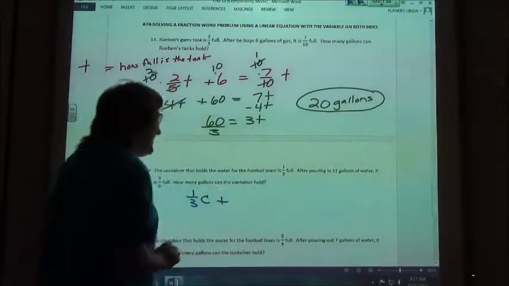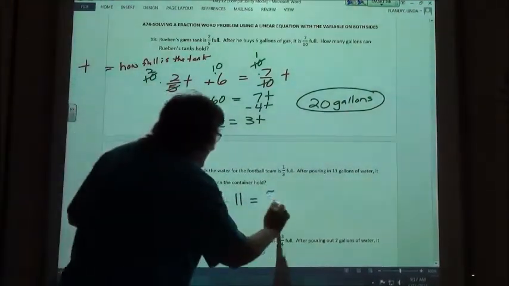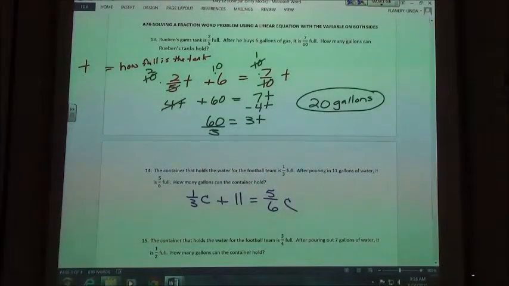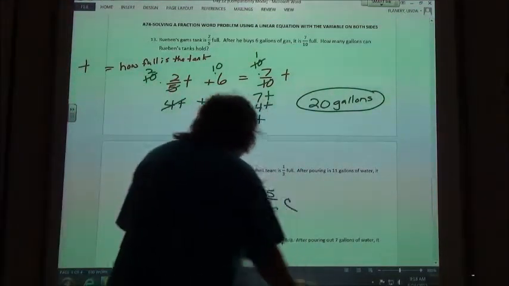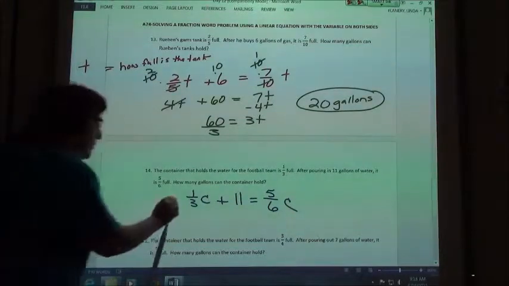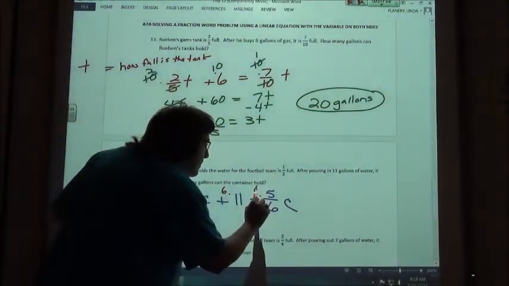Plus 11 equals 5/6 C, whatever you want to use for your variable. So if I'm going to solve that equation, the first step might be getting rid of my fractions by multiplying everything by 6, which would be my common denominator.